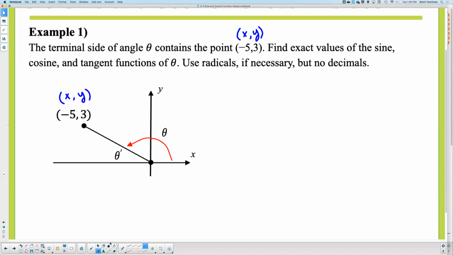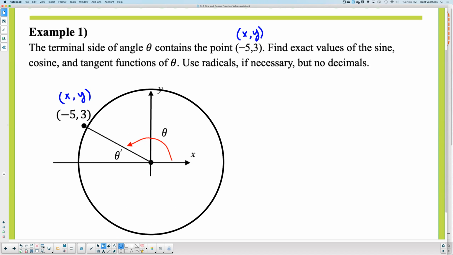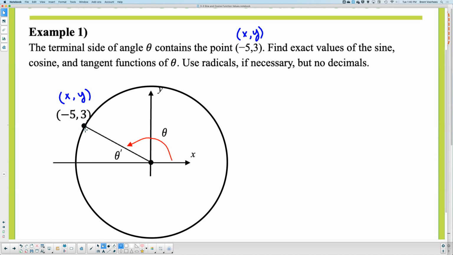Well, AP pre-calculus is all about the circle, not a triangle. So if you had walked into a regular pre-calc class of mine, I would draw this as a triangle connecting to the nearest x-axis. For y'all, because the focus in this class is circles, I want you to draw circles as best you can, where this line here becomes what we call the terminal ray, or the terminal side, and I want it to be the radius of the circle.